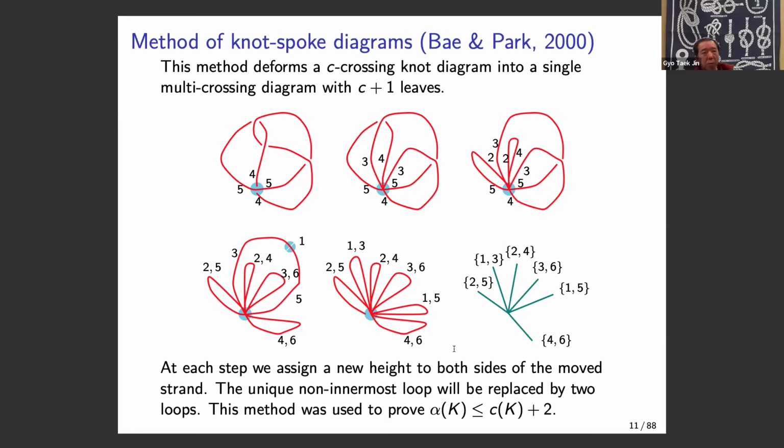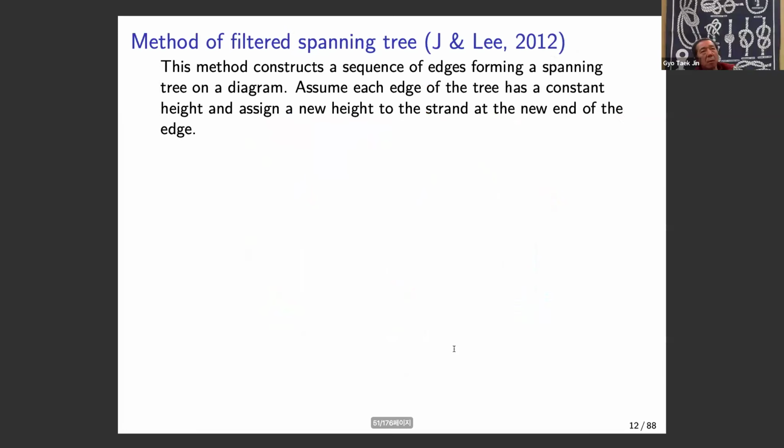So this method was used to prove arc index is less than or equal to crossing number plus 2. So we modified this method so that it can be programmed in a computer. It was joint work with Hwa-jung Lee, my former student.